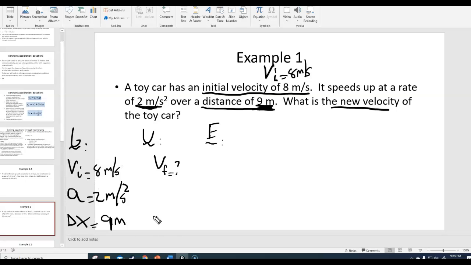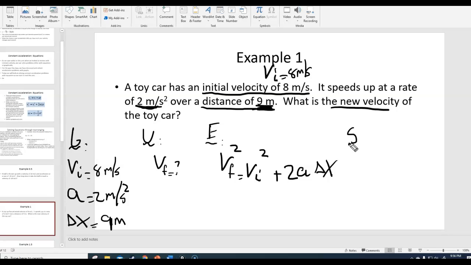Now that I have these 4 things, I look through my 3 equations and I ask which equation has VI, has A, has delta x, and has VF? And that equation is V final squared equals V initial squared plus 2 times A times delta x. There's my equation.